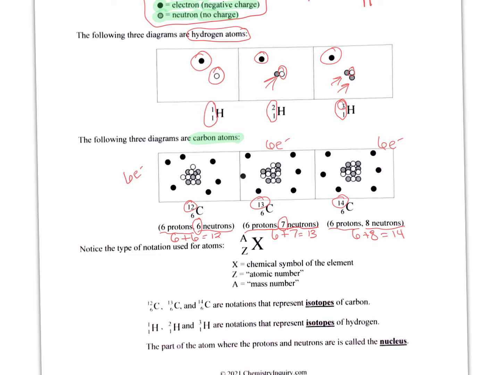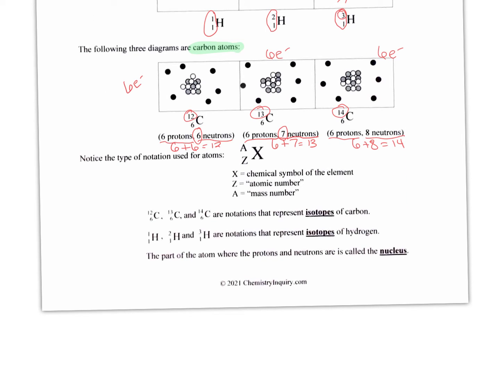So what is that number up there? All right, well, let's look at the next information because I think it's going to tell us. So notice the type of notation used for atoms. So we'll use this notation right here. We've got an X, an A, and a Z, and it's going to tell us everything that it stands for.